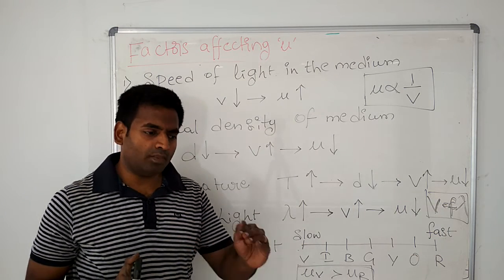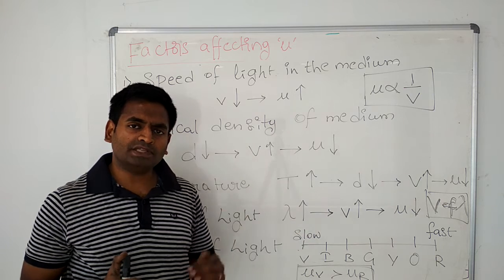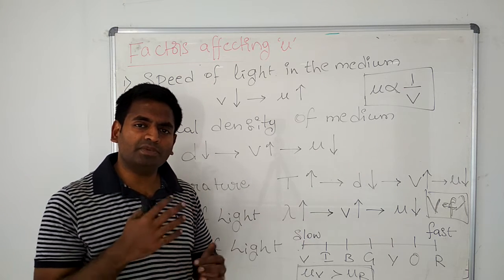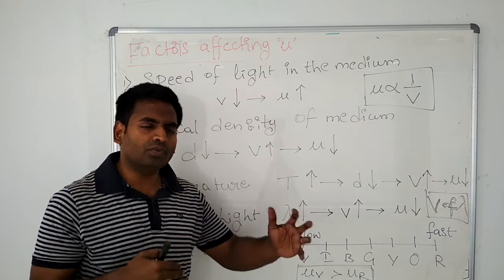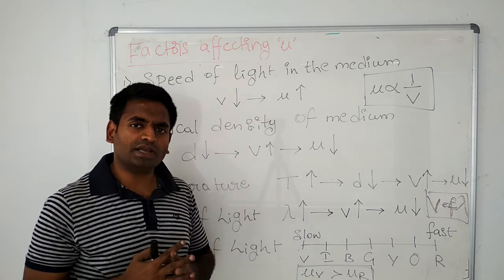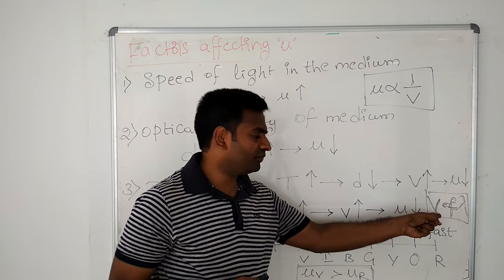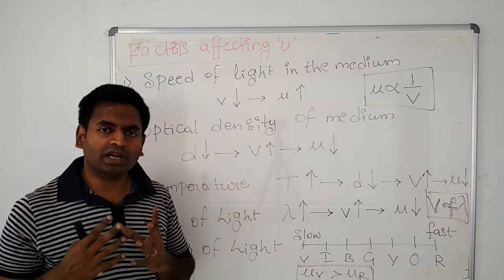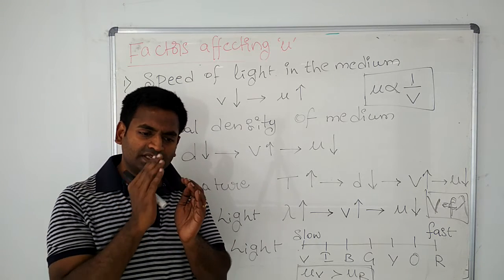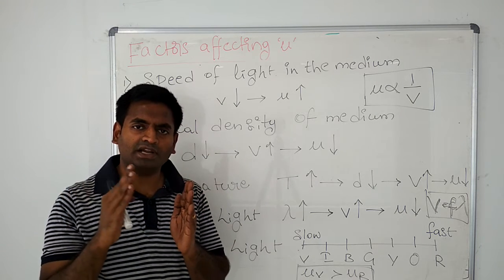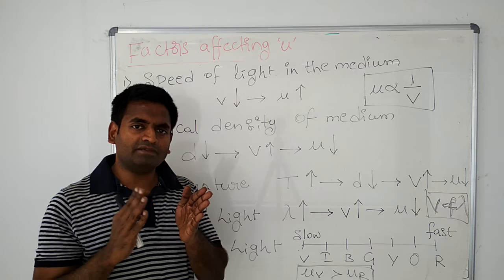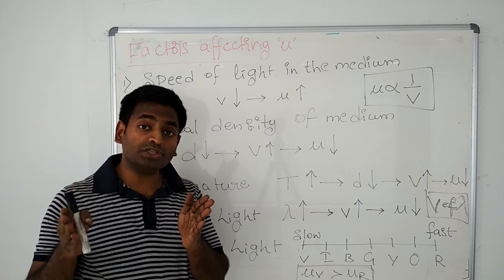It is like a small boy and a big man. A small boy is taking little steps and a big man is taking big steps. So who would go faster? The big man would go faster. Same is true with light. The light beam that you see consists of different wavelengths or different colors. Each wavelength travels at its own speed.